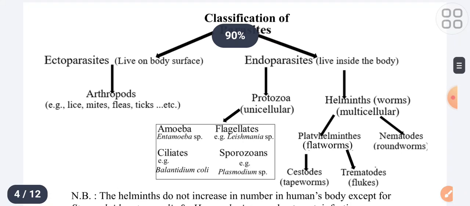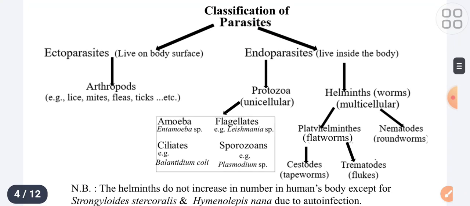Classification of parasites. One classification is according to the anatomical site affected. You see here on your left-hand side the ectoparasites.